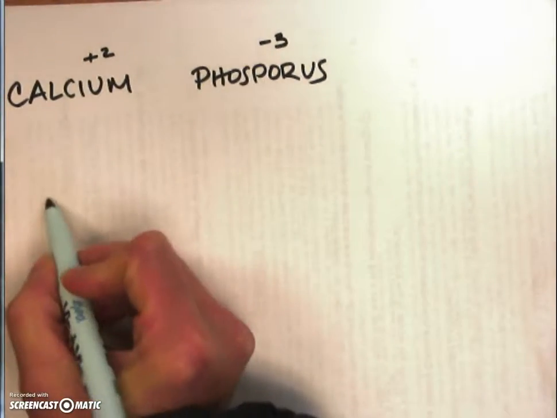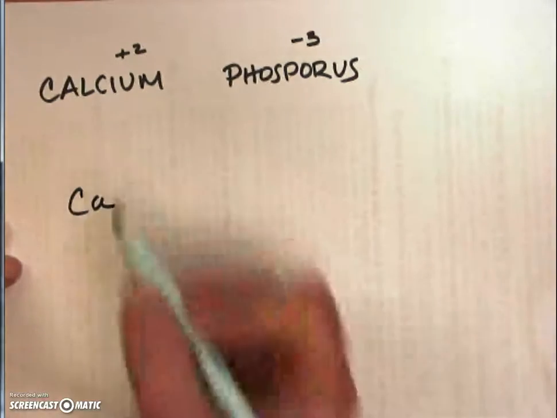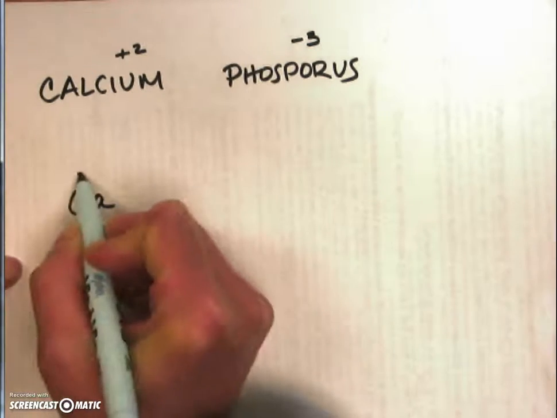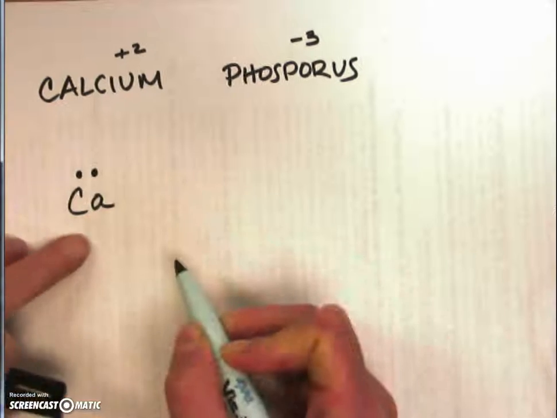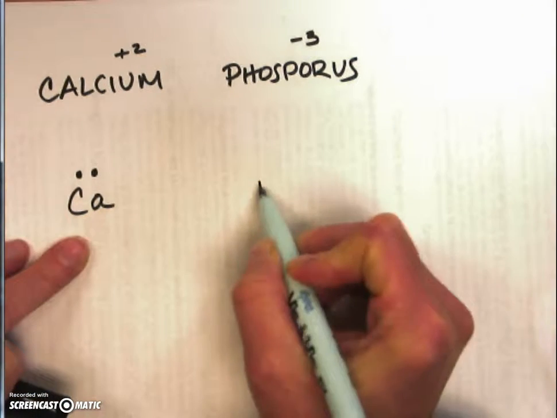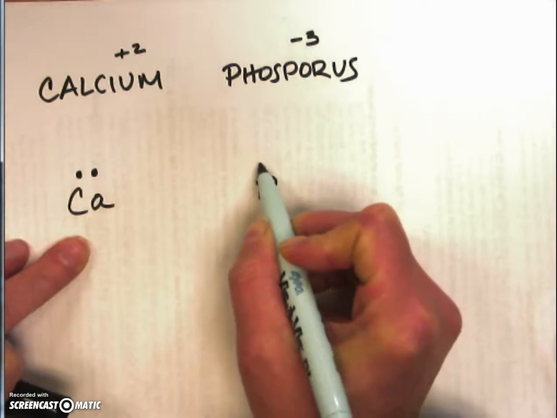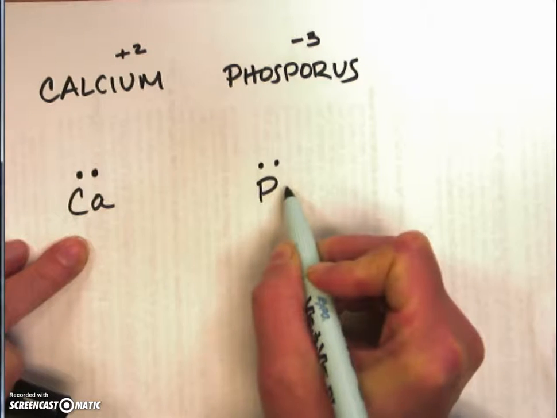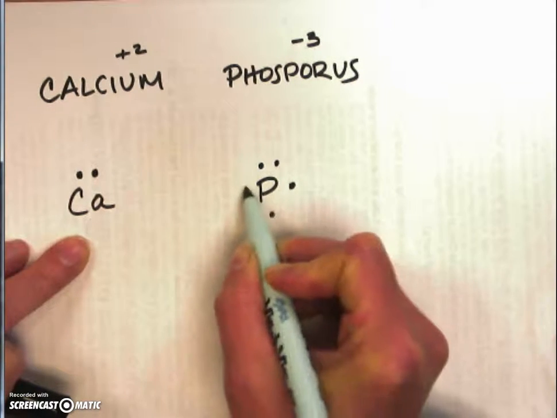So if you just write the electron dot for each of these, you would find that calcium has 2 valence electrons. Phosphorus has 5, so 1, 2, 3, 4, 5.